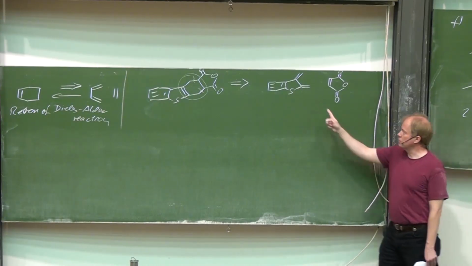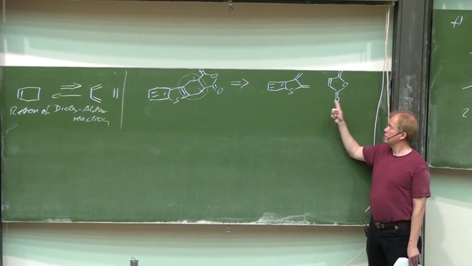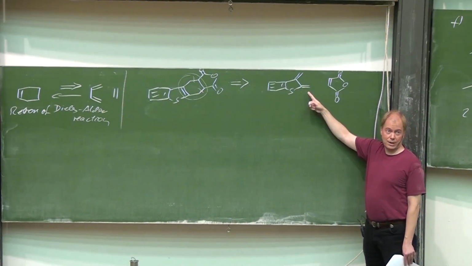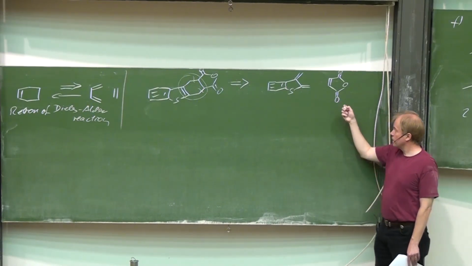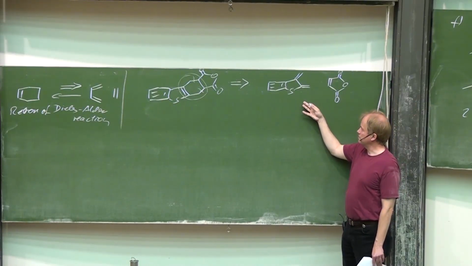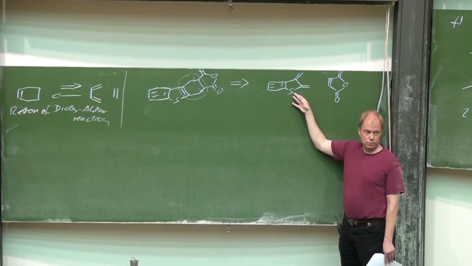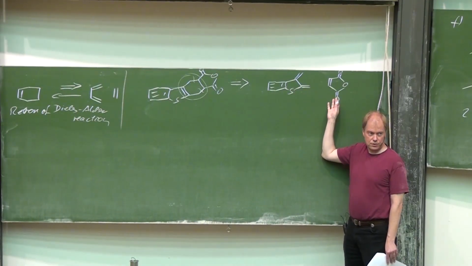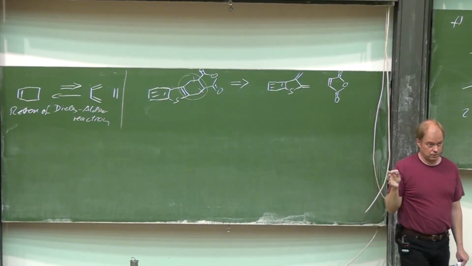Okay, this will be rather sensitive. This we can buy. This will have some tendency for polymerization, especially under acidic reaction conditions. Well, maybe we can generate this in situ in the presence of the maleic anhydride.